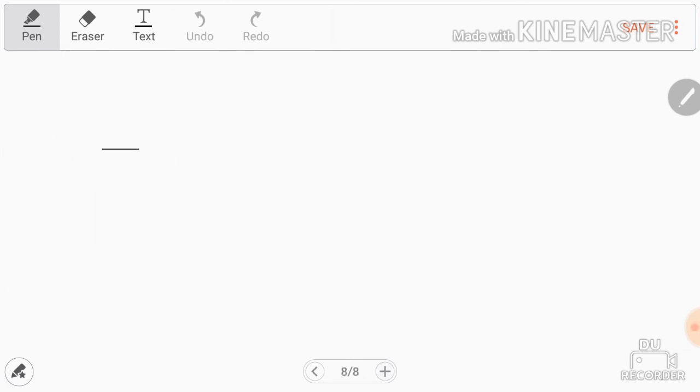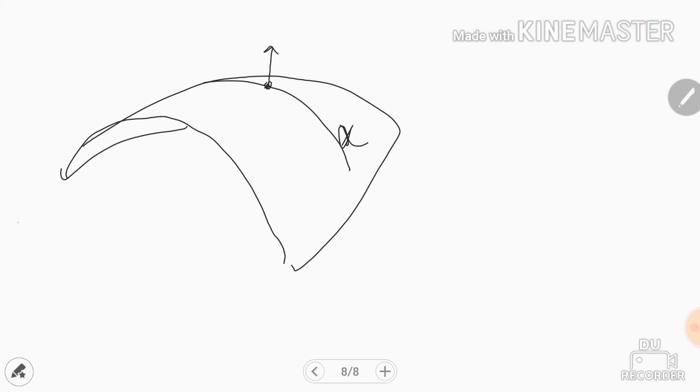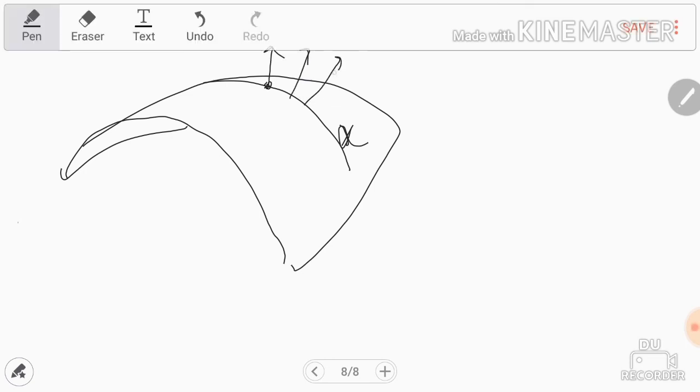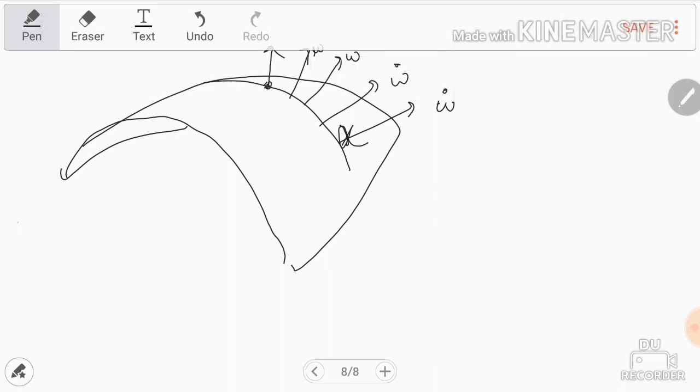Of course, what would this mean? Say for example, you have a surface and this is a curve alpha, and I'm saying that the derivative of the vector field is normal. What would it mean?